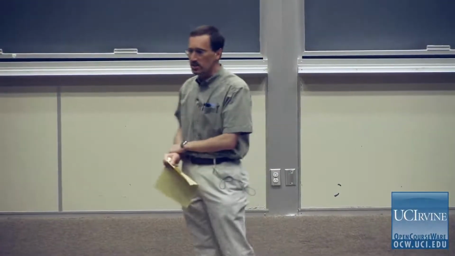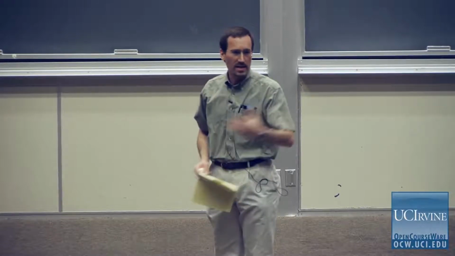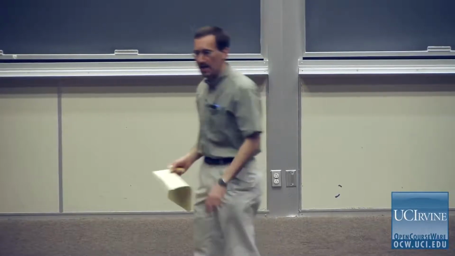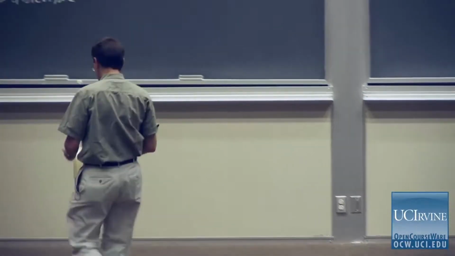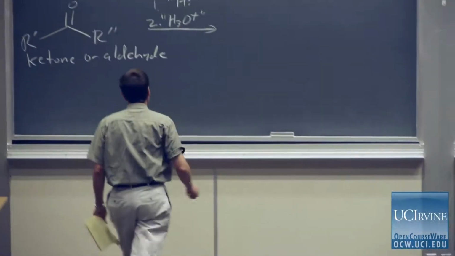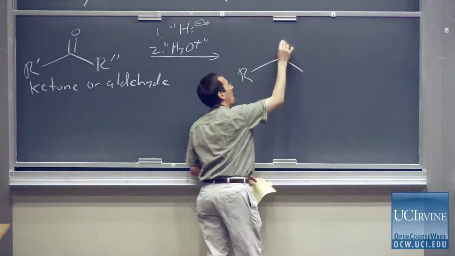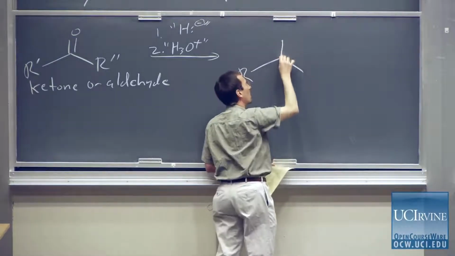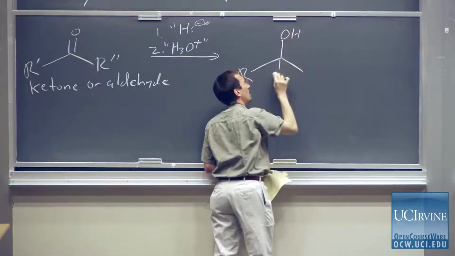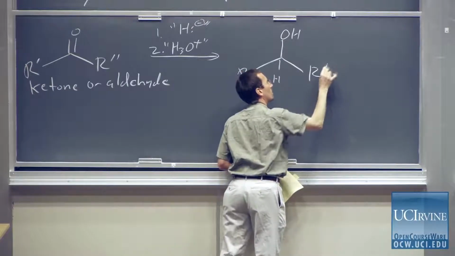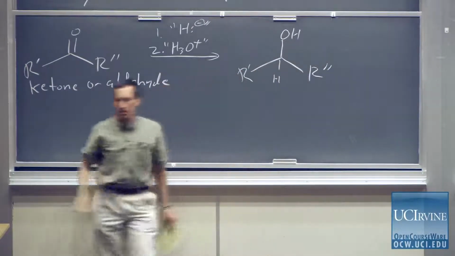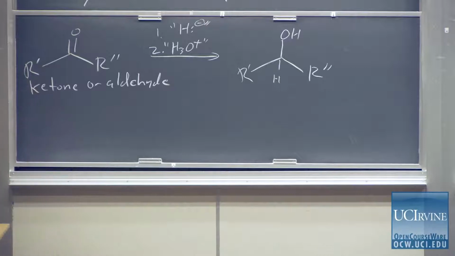You could take HCl in water and make H3O+ and chloride ion. And so you'd go to the stockroom and ask for one of those. When you do that, you get a reduction of the ketone or aldehyde and protonation, like so, to give an alcohol.